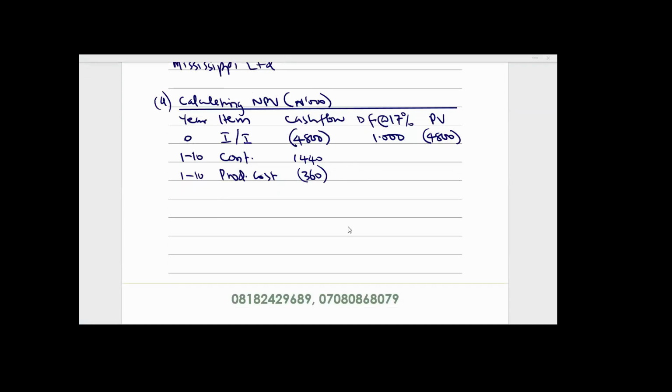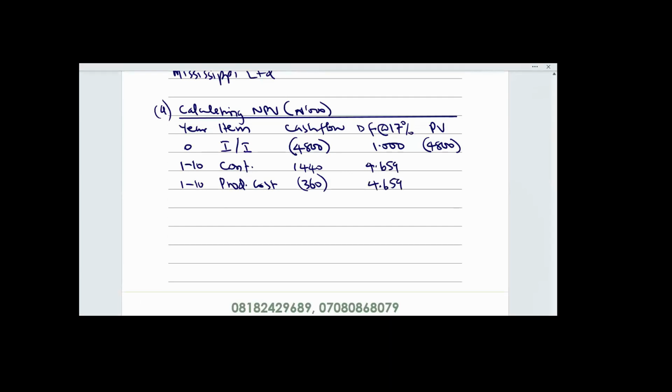1.17 raised to power 10, the useful life, minus 1, divided by 0.17, that's 4.659.